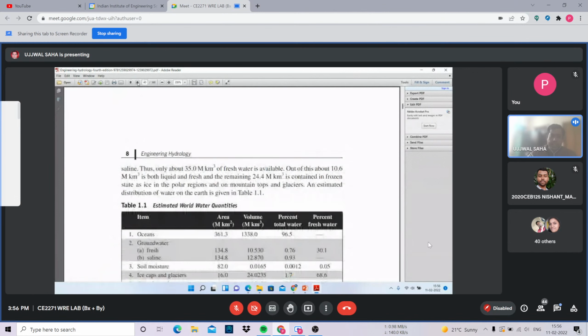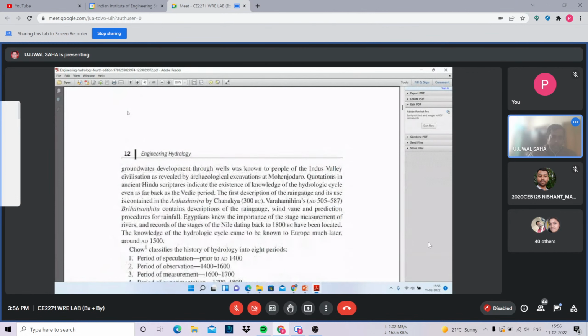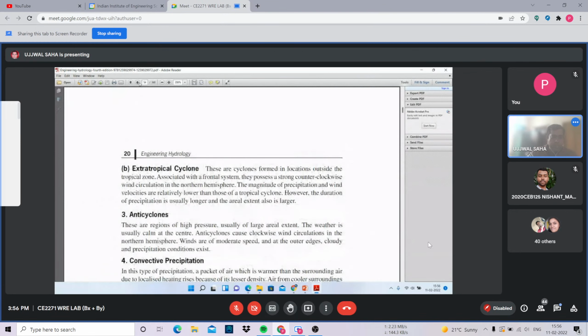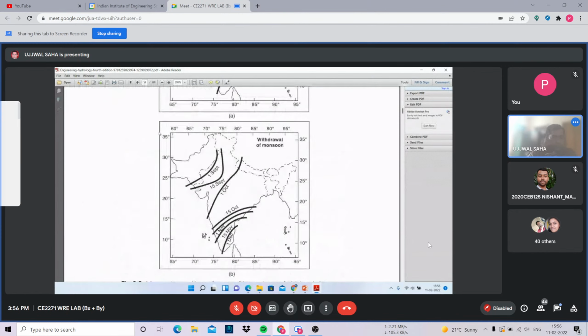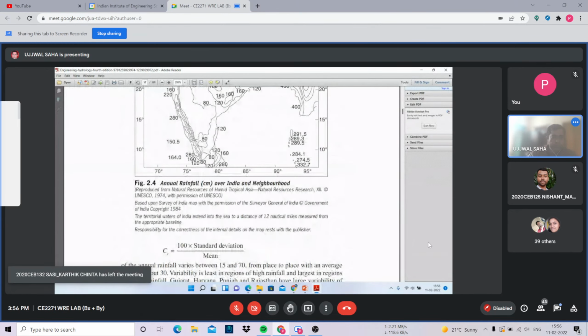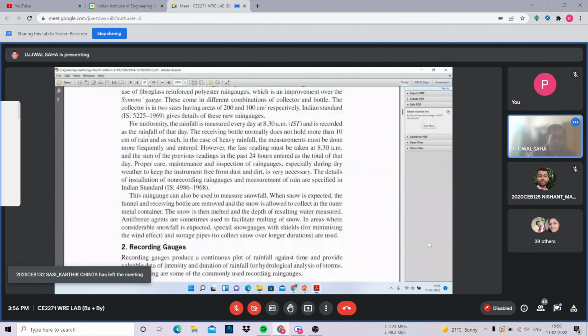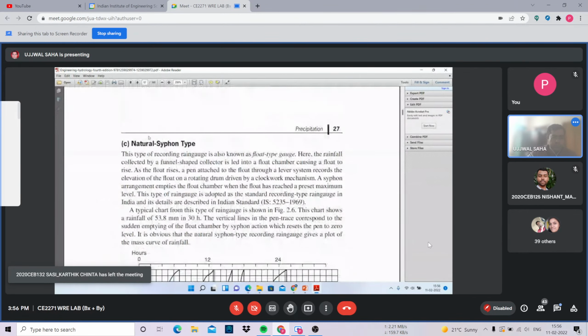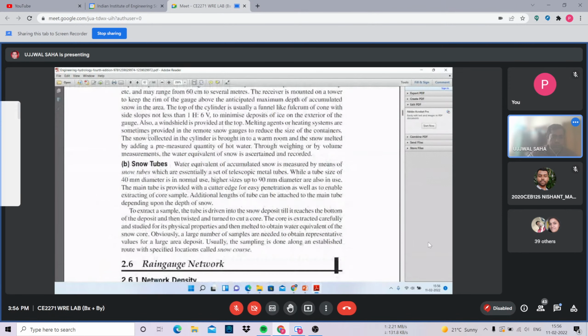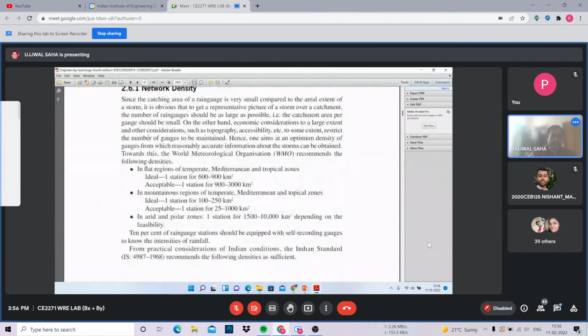That is the guideline again, but here it is given. As per the World Meteorological Organization, it recommends the following densities.